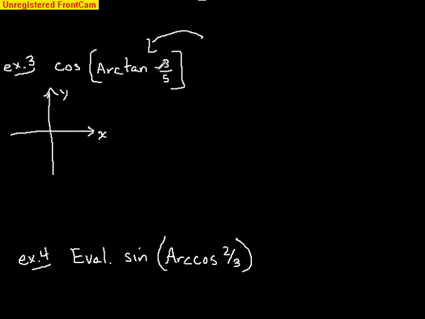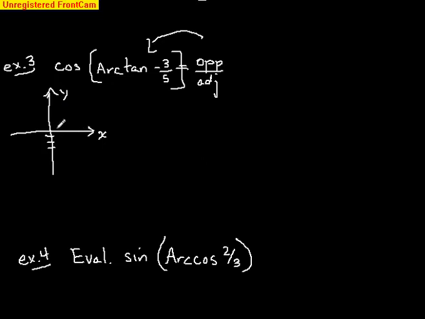Arctan would be opposite over adjacent. So that means our sides are going to be -3 over 5, and we have to fill in that triangle. So our negative is going to be down here, right? Because it has to be in these two quadrants.